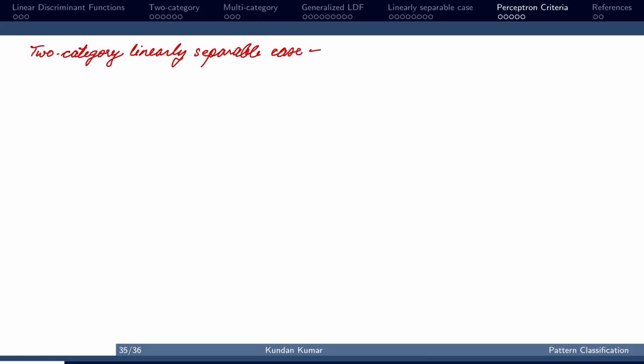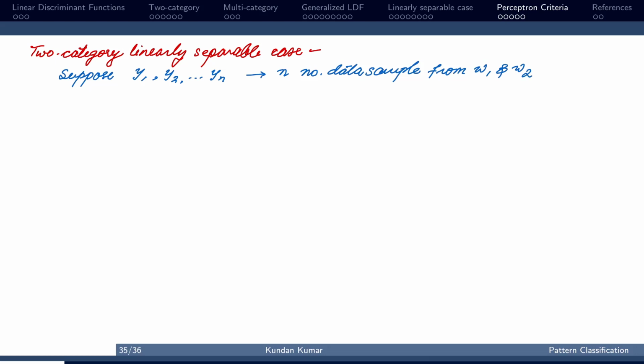Okay, so suppose y1, y2 and yn are n data samples from class 1 and class 2. Okay, so we have a total of n samples. Please note here that these data samples are basically the augmented features.